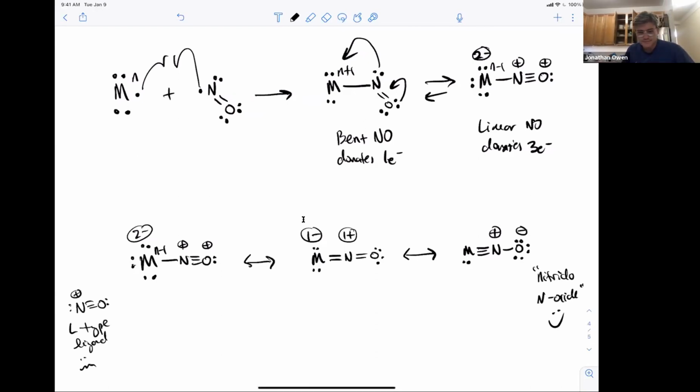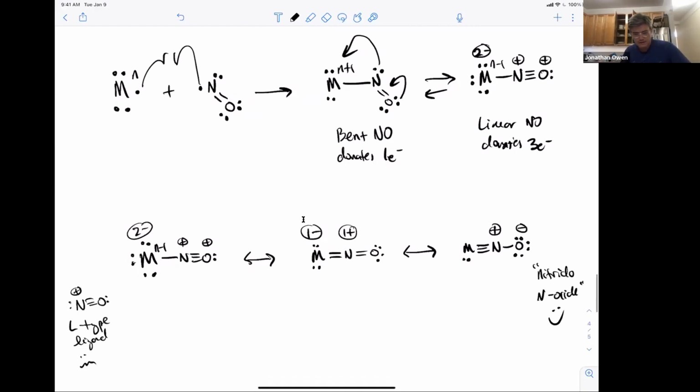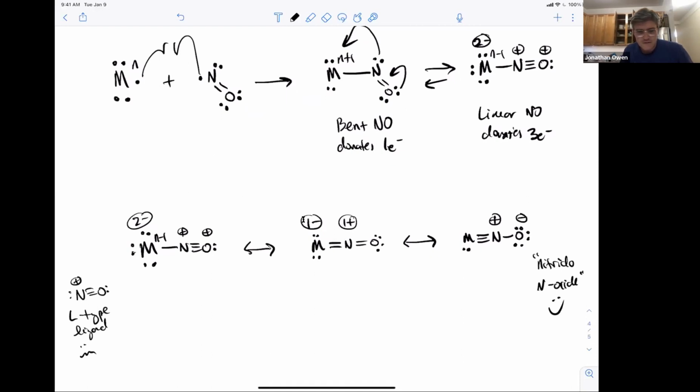That's not so good. NO plus L type ligand stinks because it's electron deficient, not electron rich. L type ligands bind as donors. And that's a really wimpy donor. It's a very good acceptor. And as it accepts electrons, it heads over toward this nitrido N oxide form.